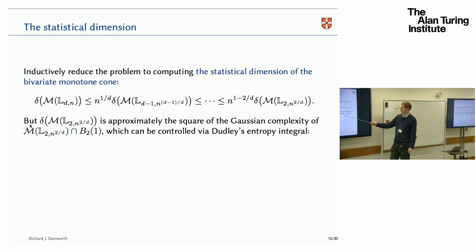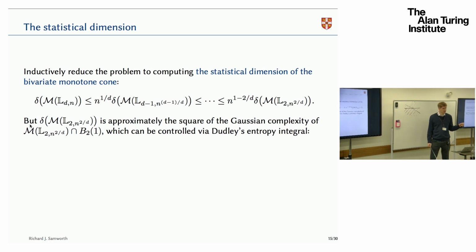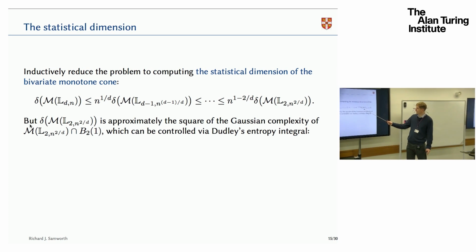And because I've got n to the 1 over d of these different slices, each time I reduce dimension by 1, I have to inflate the statistical dimension by a factor of n to the 1 over d. So I keep going down, but I should stop at 2.